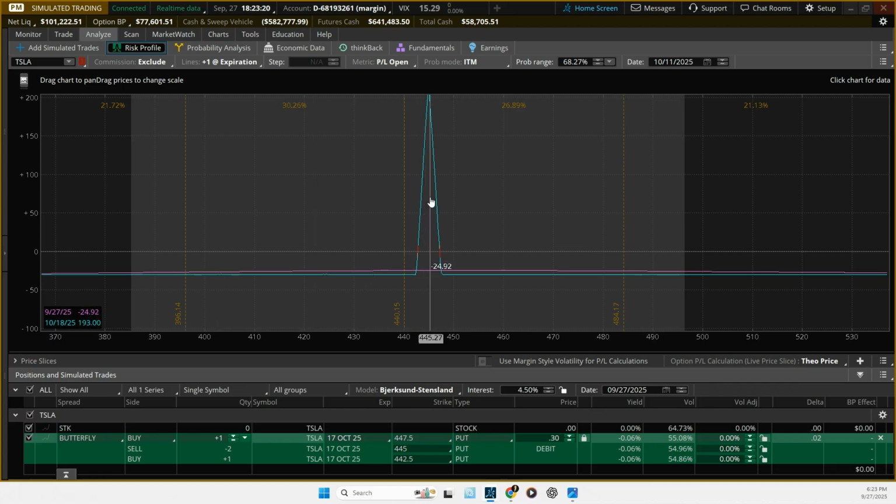I try to get it right at the 445, exactly at 445. It's pretty close. So looks like our max profit would be about $210 roughly if Tesla were to be right at 445 at expiration of this.